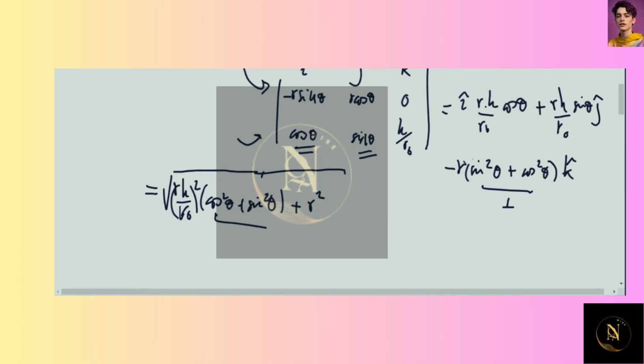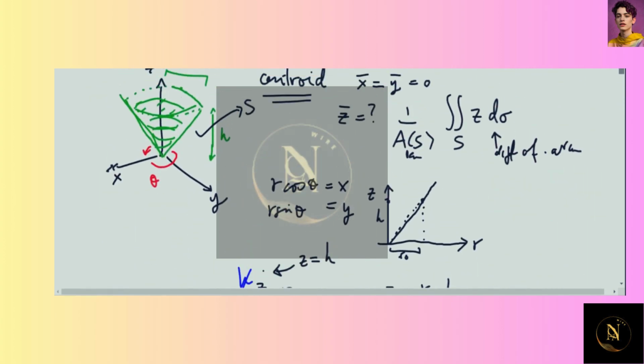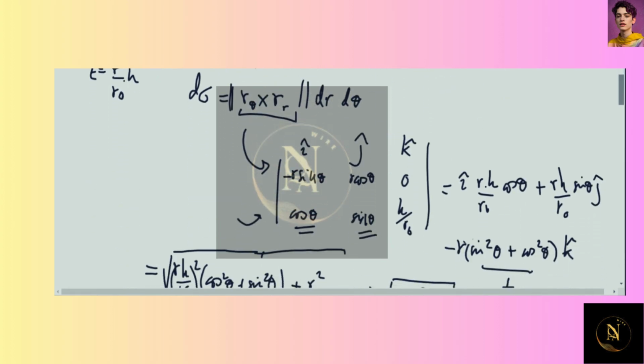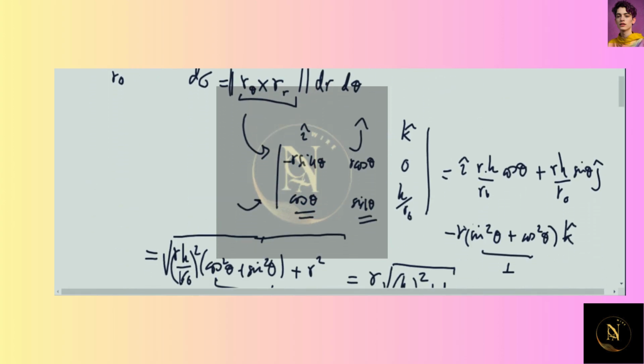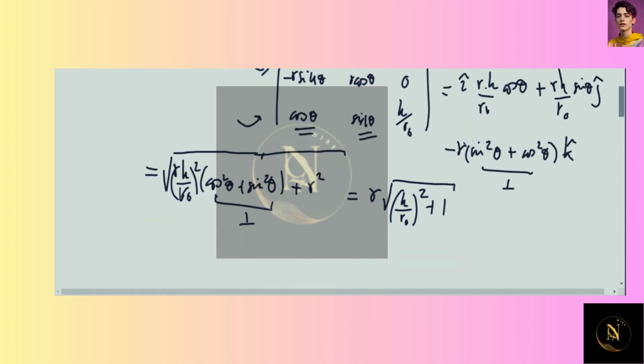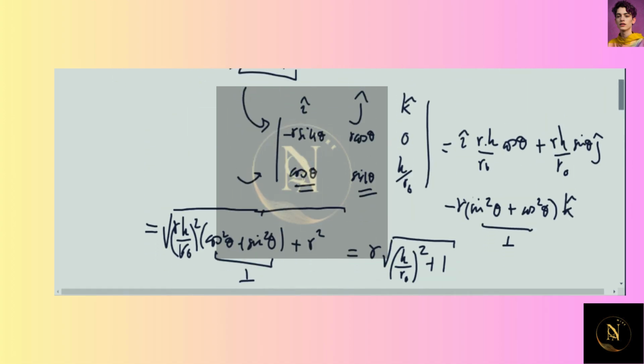We can factor the r squared, so it's r times the square root of h over r naught squared plus 1. That is the differential. The norm of that vector is that.